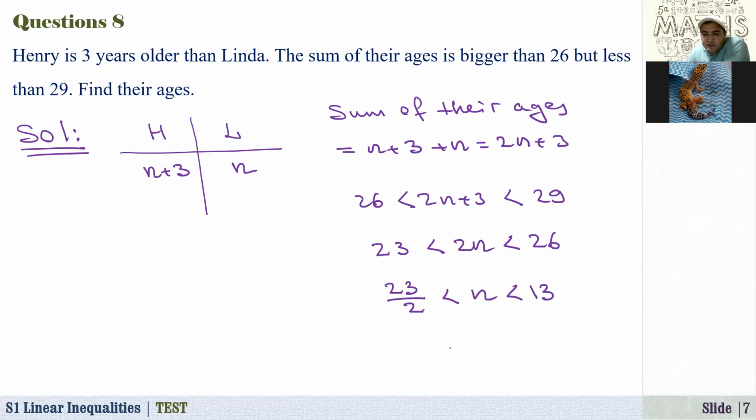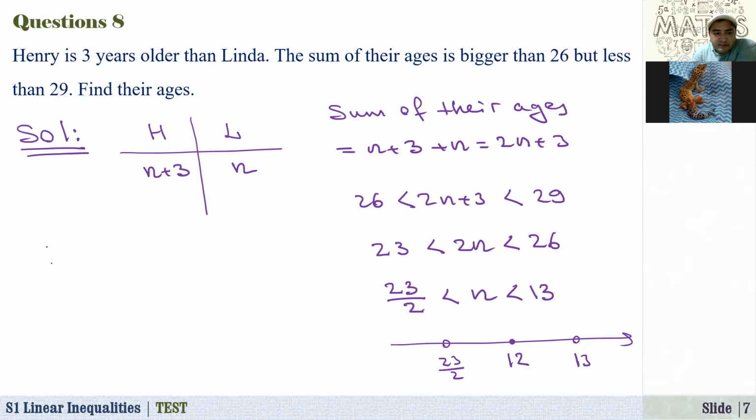Okay, if you illustrate this answer on the number line, here we have 23 over 2, not inclusive, and here also we have 13. And 23 over 2 is 11.5. Between these two numbers, we have only a single integer, that is 12. 12 is between 11.5 and 13. And since when we talk about age we usually represent it by whole numbers, n should be equal to 12.